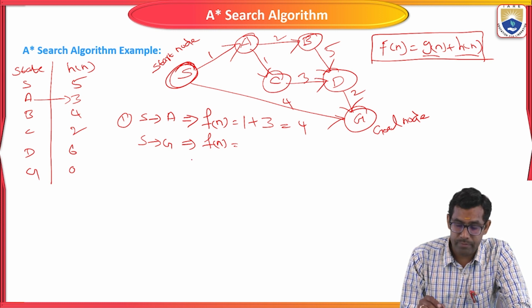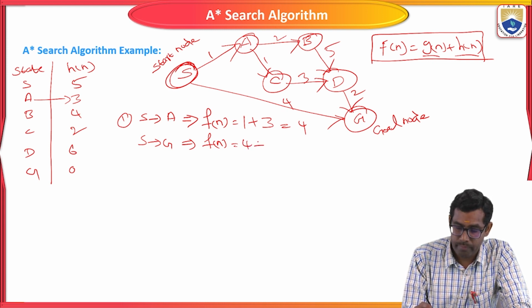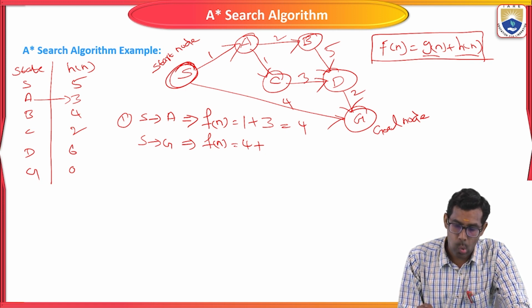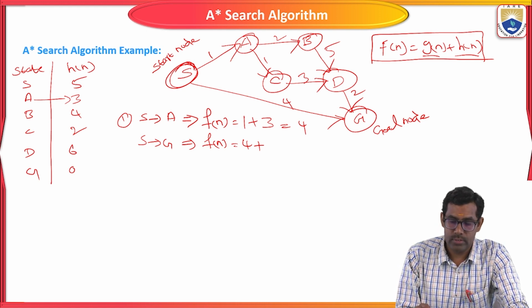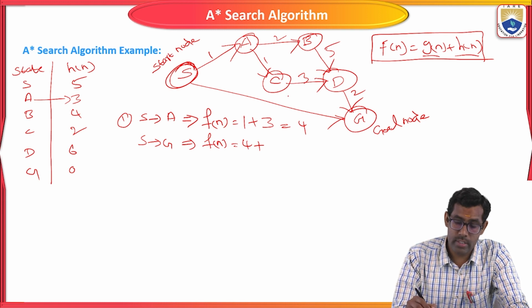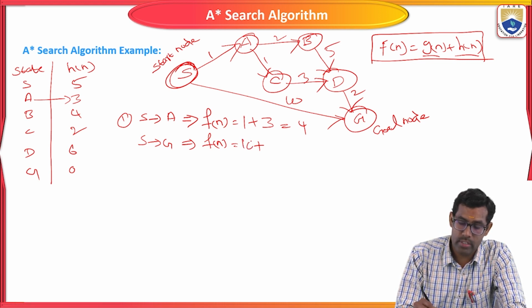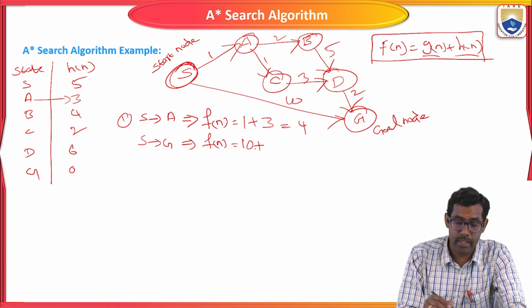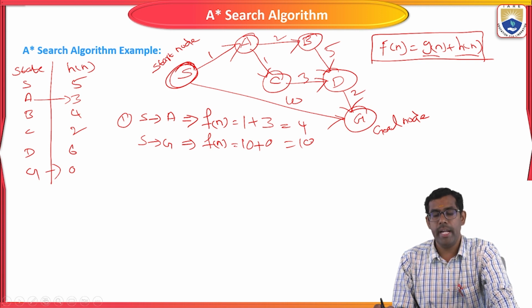For S to G, the cost is 10, plus the heuristic function value of G, which is 0. So the total value is 10.